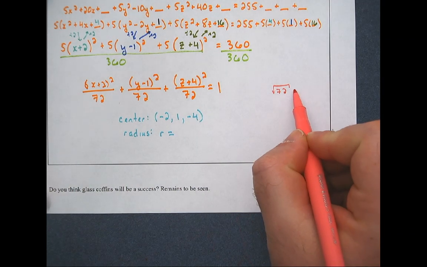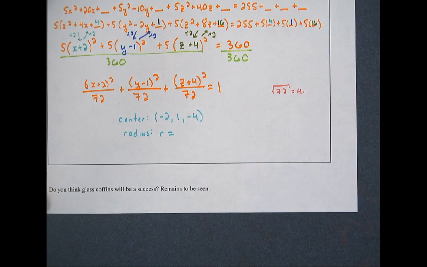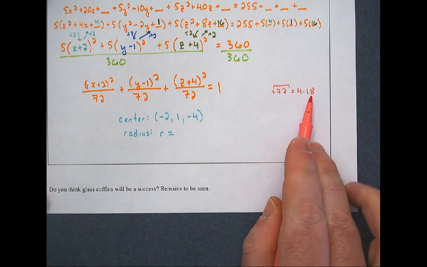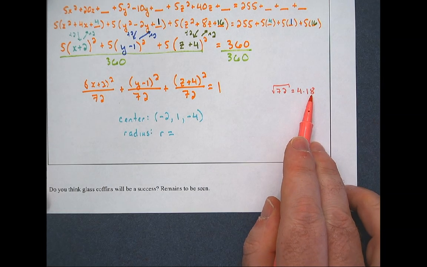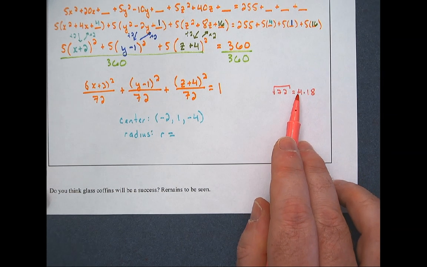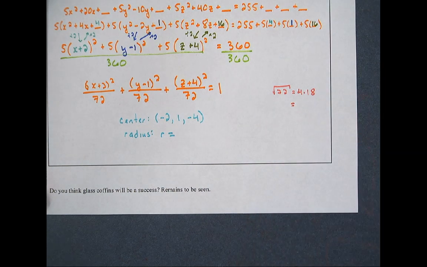So I would rewrite 72 as I start going through the list. 4 times, let's see, 72, I know it goes into it, 18. Now, is there another perfect square that can go into that? Yeah. If this can be broken down again, then you should probably keep checking. So I'm going to try the next perfect square, and I can do that one in my head.